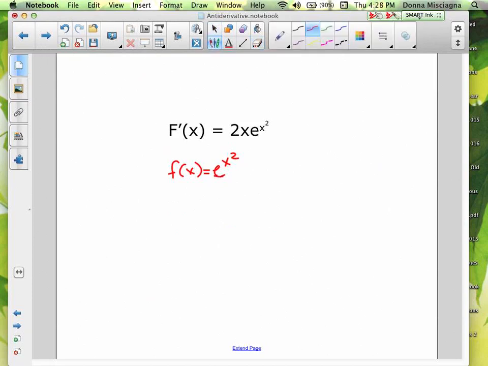Remember when we started off the chain rule? We would take the derivative of e to the blop. So d dx of e to the blop times the derivative of the blop. In this case, our derivative would be e to the blop times that derivative.